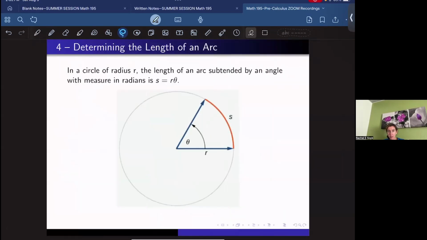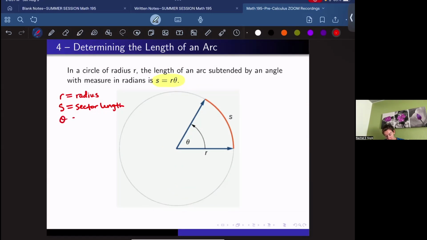And then finally, we're on our fourth objective for today, determining the length of an arc. And so we're really going to utilize S is equal to R times theta. Our R stands for our radius. Our S stands for our sector length.